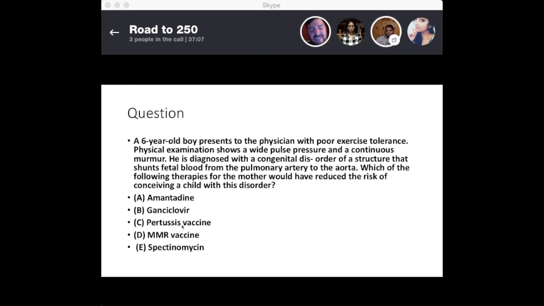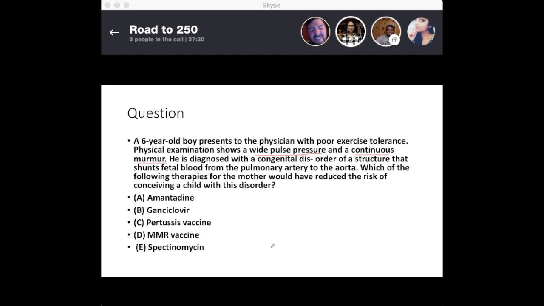Cool. So I have 2 questions for you guys. A 6-year-old boy presents to the physician with poor exercise tolerance. Physical exam shows a wide pulse pressure and a continuous murmur. First of all, what is that? PDA.